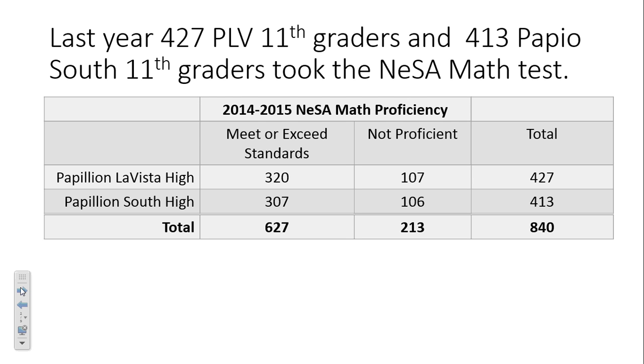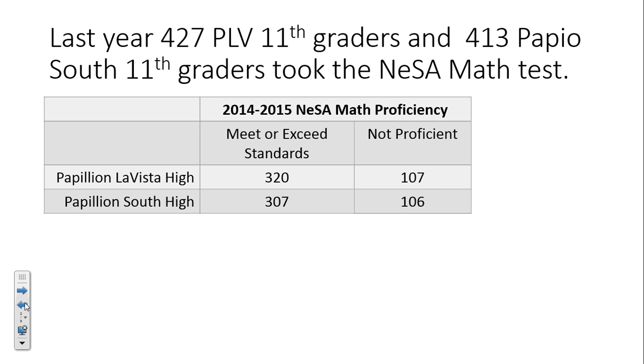Transfer those numbers, those who met or exceeded at Papillion La Vista High, those who met or exceeded at Papillion South, and those who were not proficient. And I want you to come up with those totals. Makes sense that we should have 413 in the Papillion South total, right? And 427 in the Papillion La Vista High total.